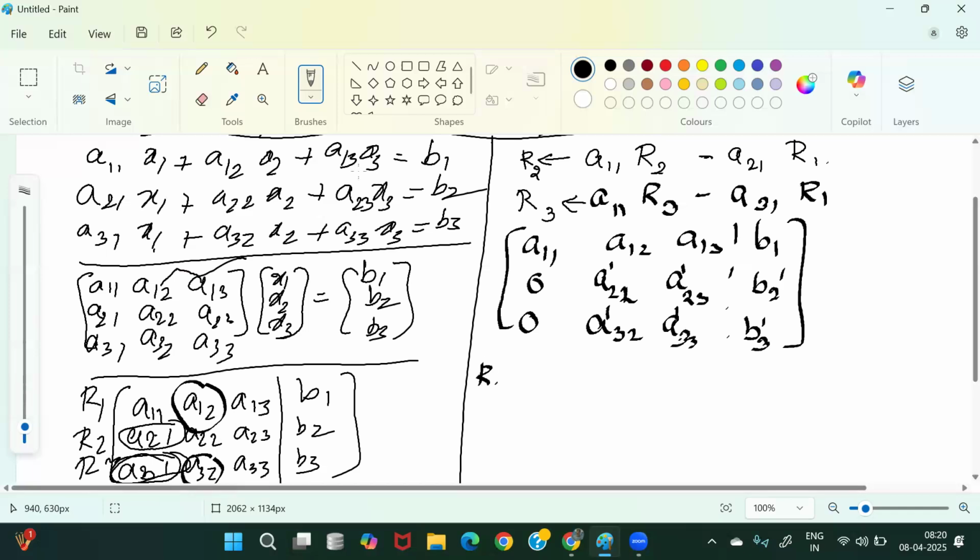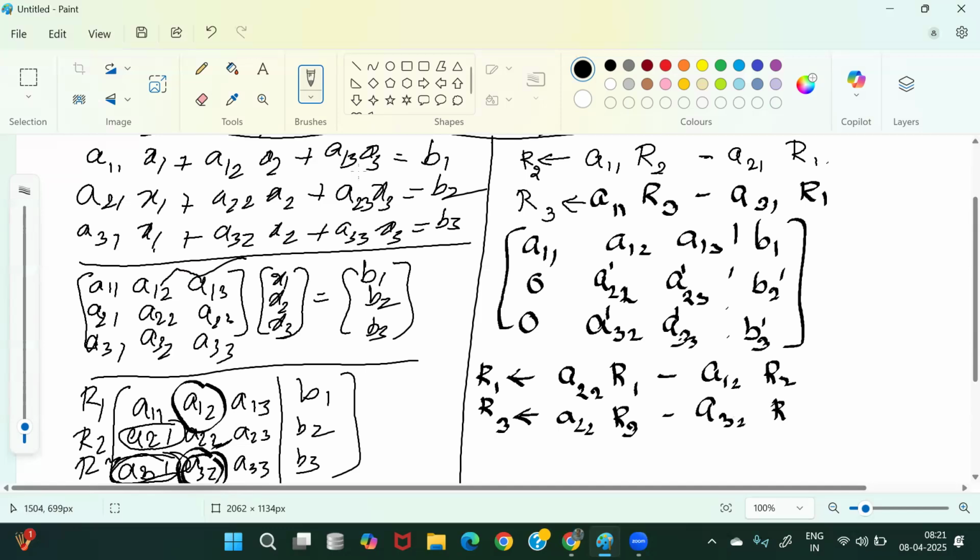So row 1 is replaced by a22 into row 1 minus a12 into row 2. Next, make a32 0. So row 3 is replaced by a22 into R3 minus a32 into R2.